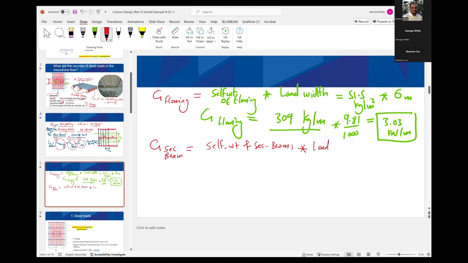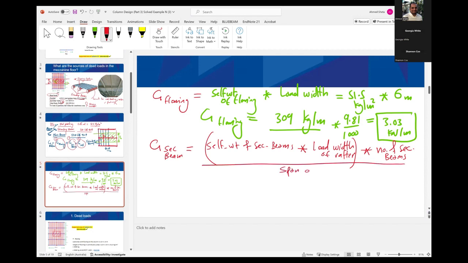Times the number of secondary beams. So this together is the weight of one secondary beam times the number of secondary beams. So now we find the weight of all secondary beams. We should divide this by the span of B2.